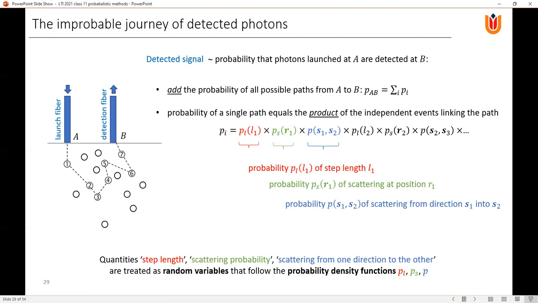They will all be treated as random variables, with an associated probability density function, which we extensively discussed before the break.